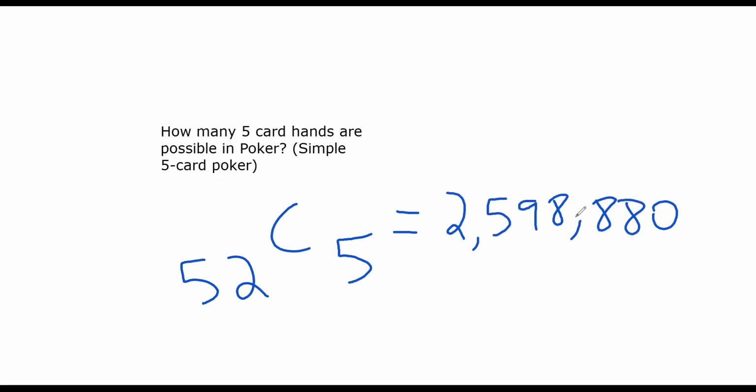So do 52, bring down the nCr thing, then do 5 and hit enter. I think it's 2,598,880. That's how many 5-card hands are possible in poker. When you want to calculate probabilities in poker, you would use that as the denominator of your probability calculation, as you will see later on.